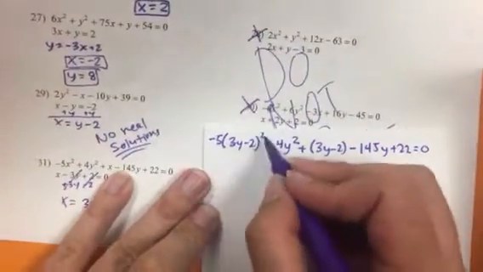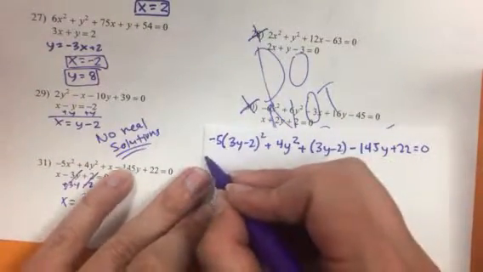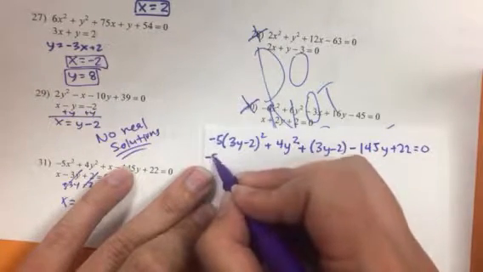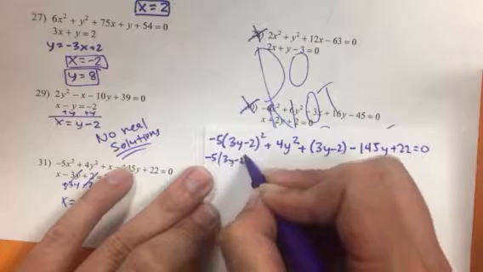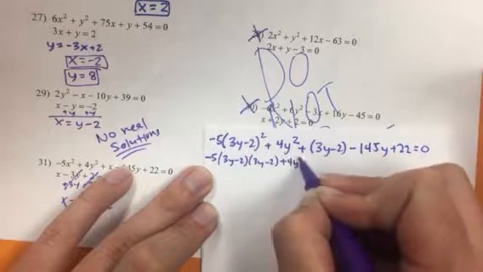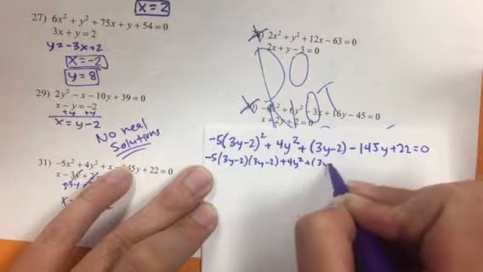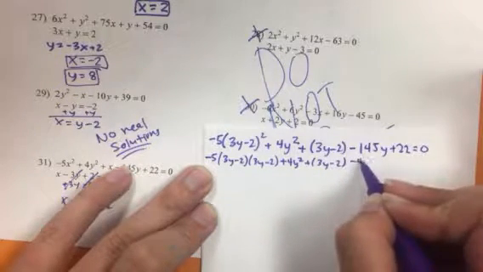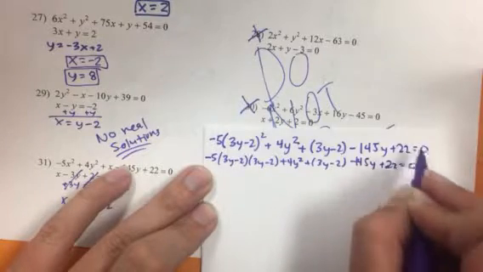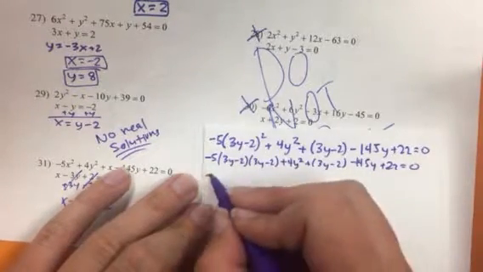All right, squared means I write it twice. Plus 4y squared plus 3y minus 2 minus 145y plus 22 equals 0. I copied everything else down.